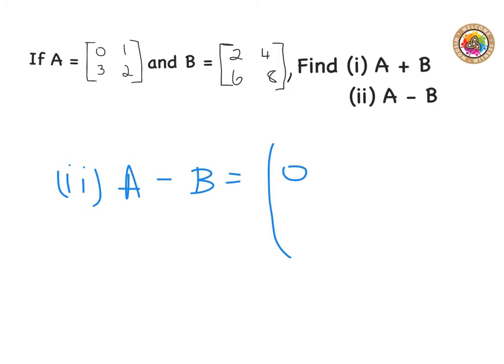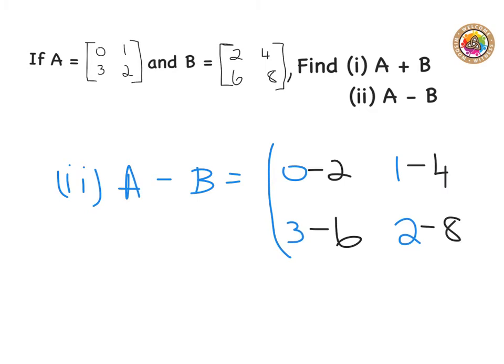So I would have 0 minus 2, 1 minus 4, 3 take away 6, and 2 take away 8.